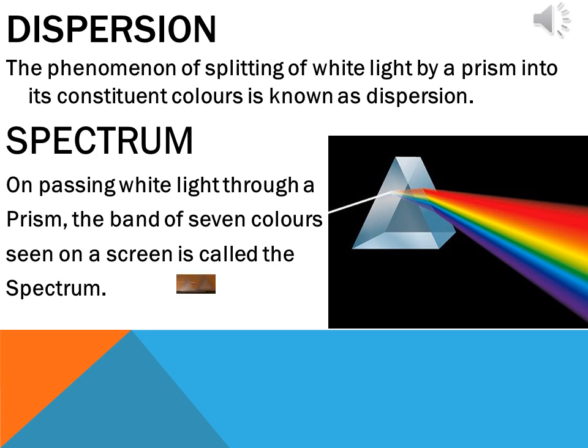Isaac Newton was the first to use a glass prism to obtain the spectrum of sunlight. He tried to split the colors of the spectrum of white light further by using another similar prism. However, he could not get any more colors. He then placed the second identical prism in an inverted position with respect to the first prism.